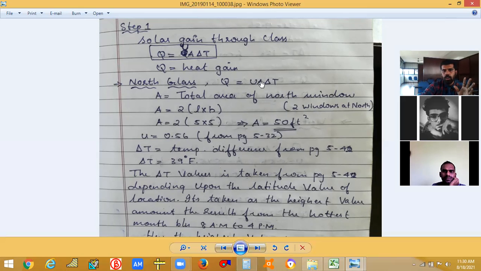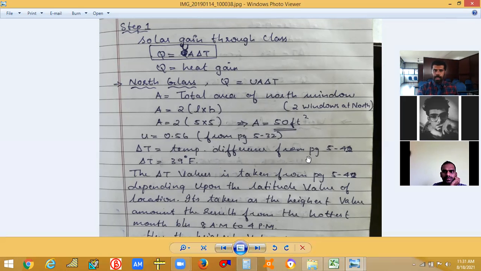Understood? So we got area. What else do we need? We need U factor and we need delta T. Correct? So U factor is given as 0.56. As I already said, the U factor should be given by the architect, or we have to find it out. Last day we have seen how to find the U factor of the walls.